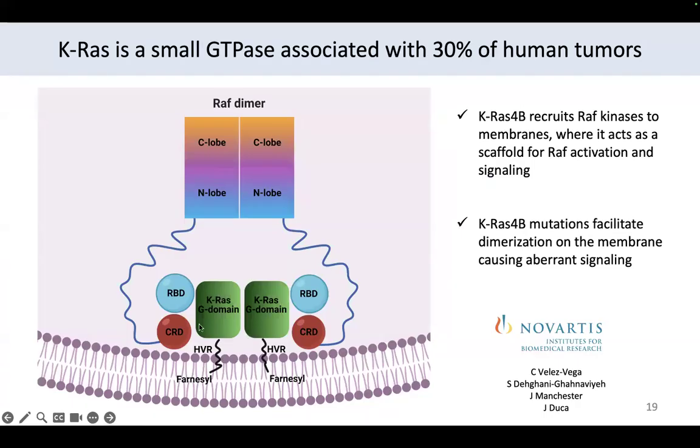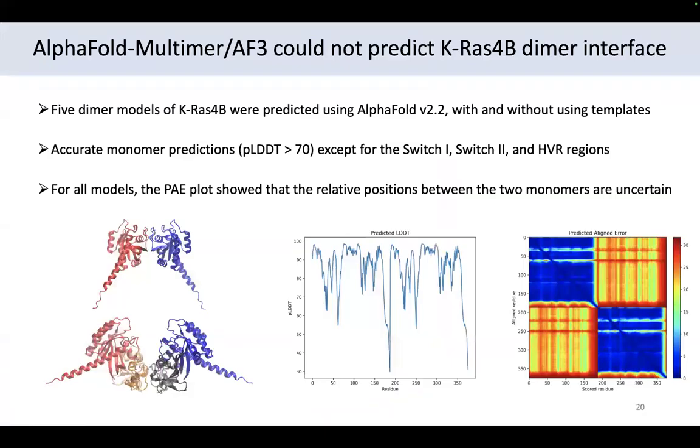So when KRAS dimerizes on the membrane, it recruits this RAF dimer and it scaffolds it. And when the binding of RAF and KRAS happens, then essentially the signal is to the cell to proliferate. And the KRAS mutations facilitate the dimerization on the membrane, causing aberrant signaling. However, we did not know what is the structure of the KRAS dimer.